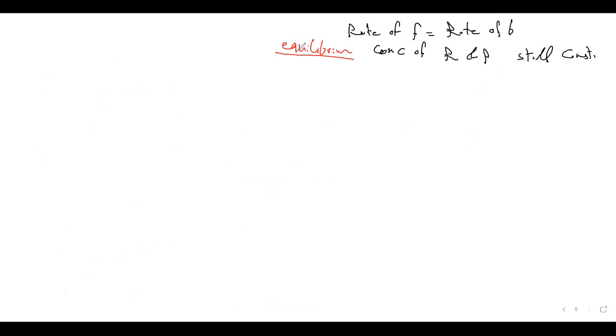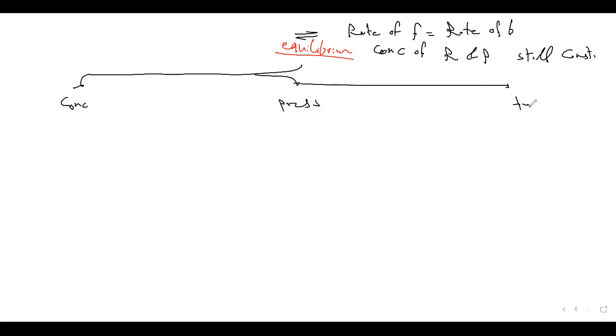So again, what's meant by equilibrium? Rate of forward reaction equals rate of backward reaction, and the concentration of reactants and products doesn't change. The factors are concentration, pressure, and temperature.